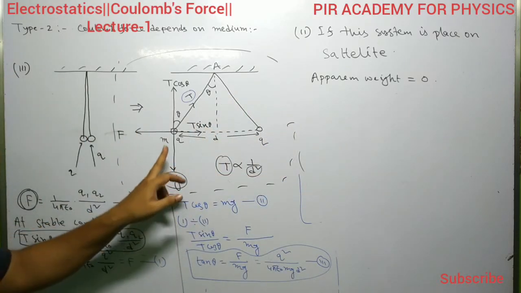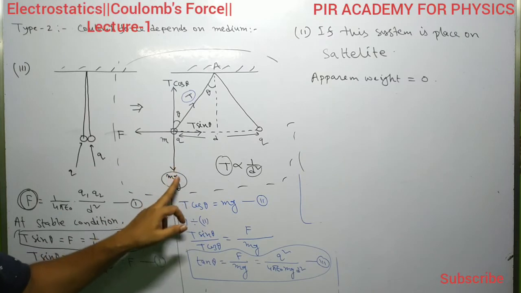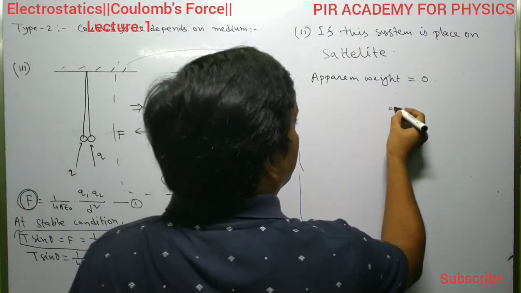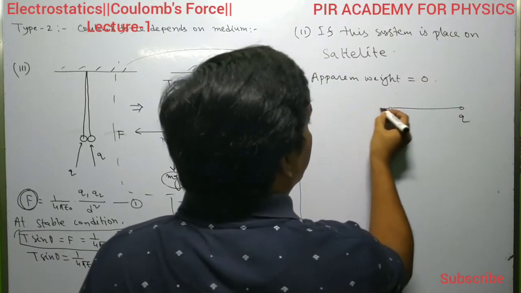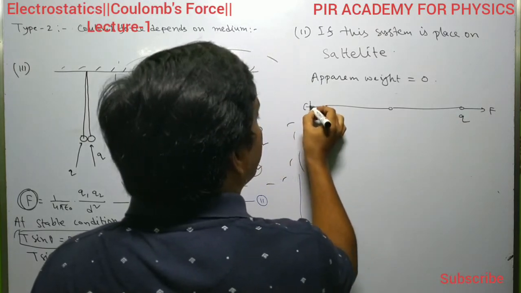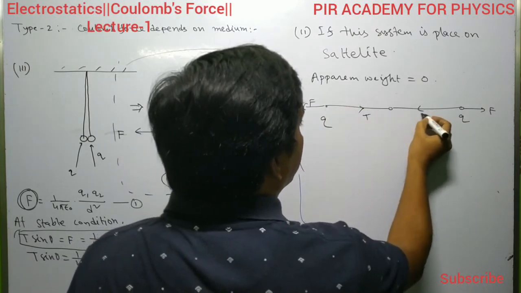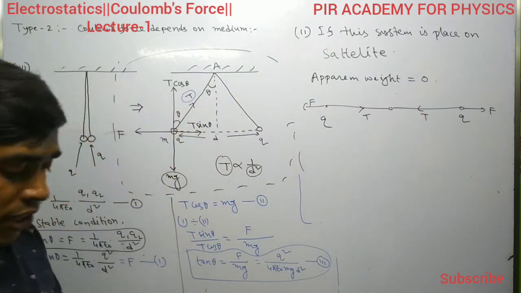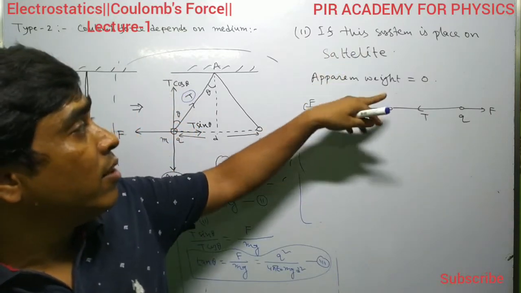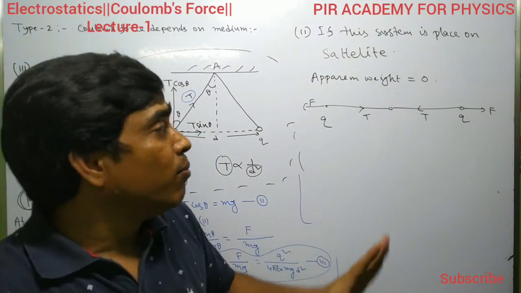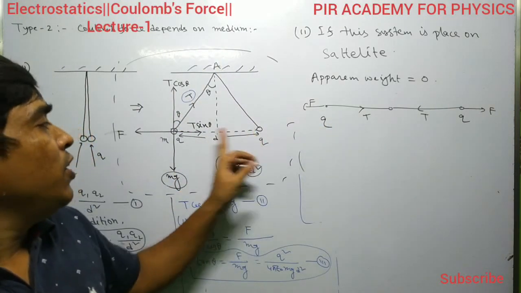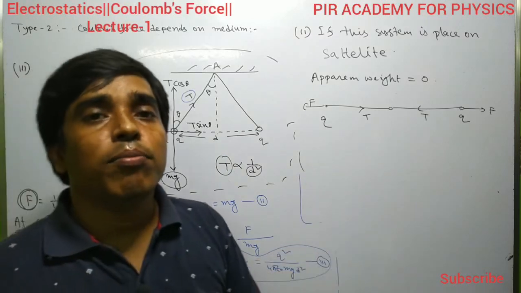If apparent weight is 0, there will be no force, that means there is no mg, so it will be like this condition, this is q, this is f, and here this is f, and this is t. It will be the maximum condition. That means when the elevator is in free fall, and if this system is placed on a satellite, it is the same. The separation between two charges will be at the maximum point.